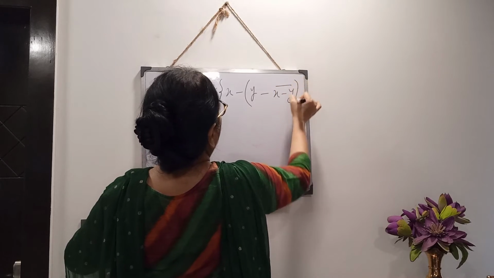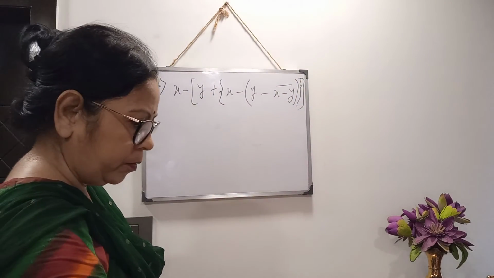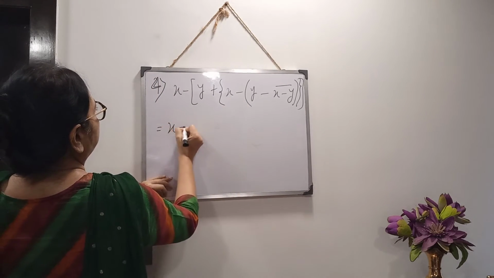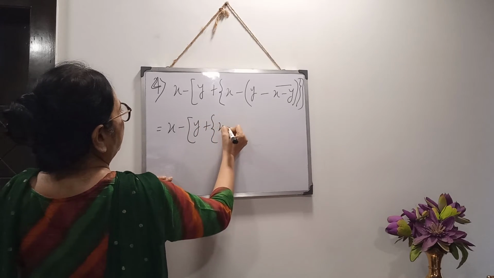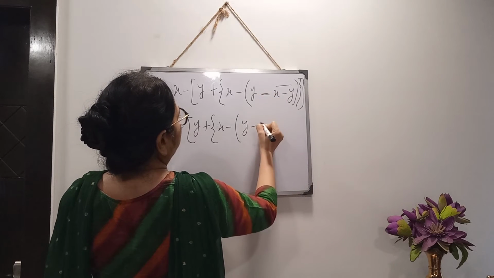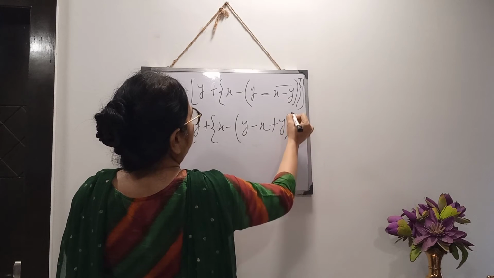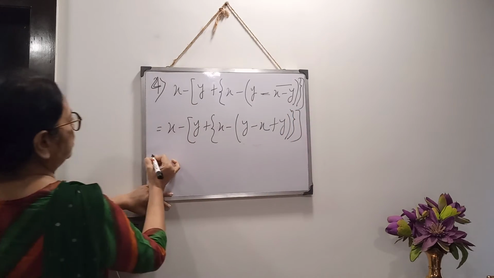Bar is over here. Then again we'll do the operation on the bar. So till these terms you have to copy. Now what I have told, there is a negative sign, so it is becoming negative, and minus minus plus. Clear? Then first bracket, second bracket, third bracket.